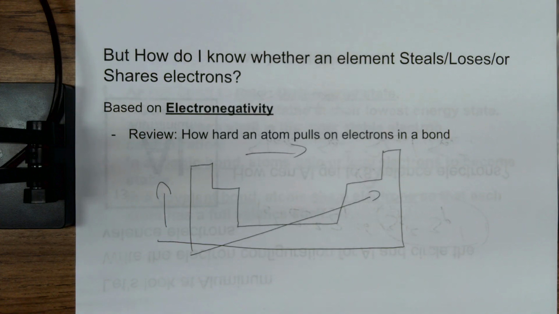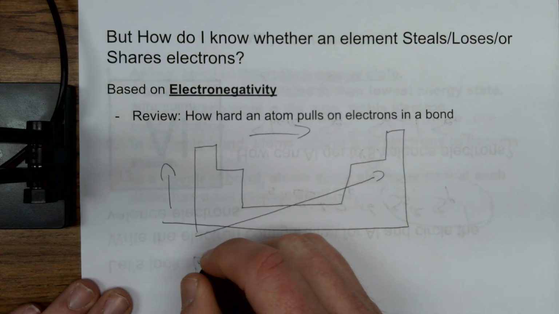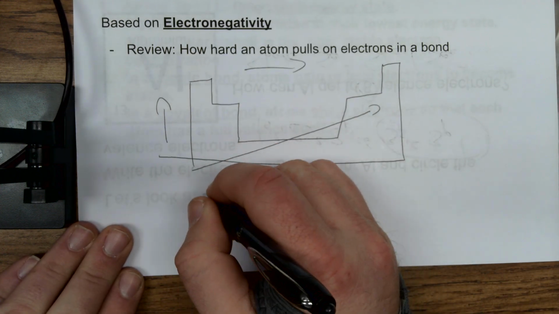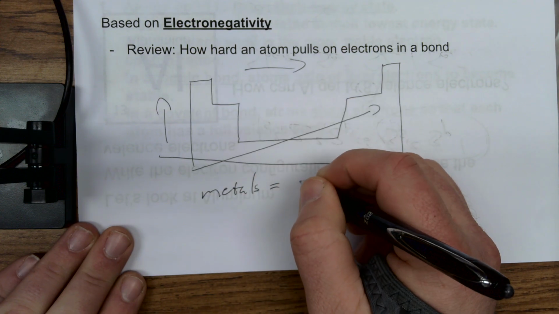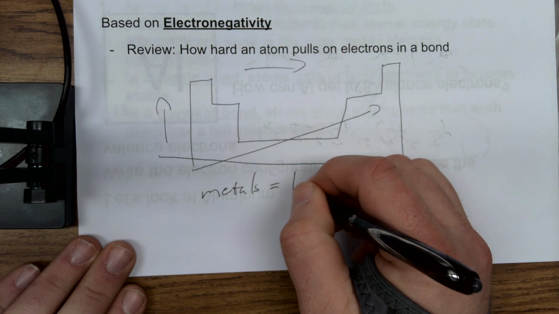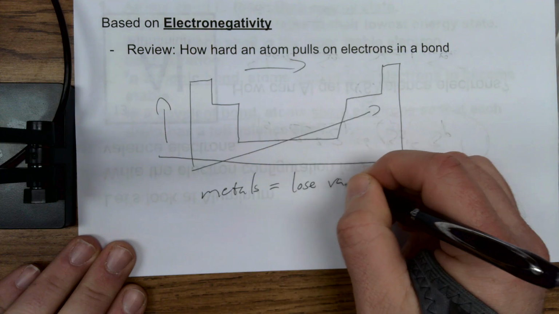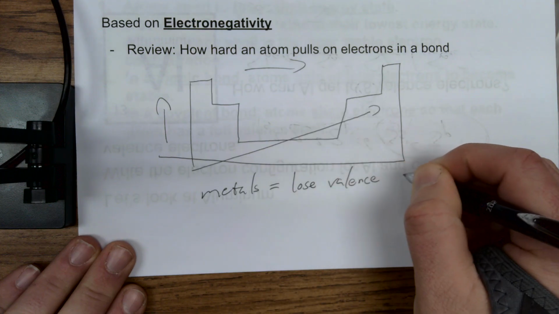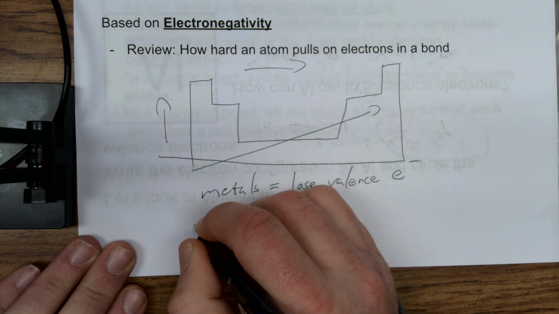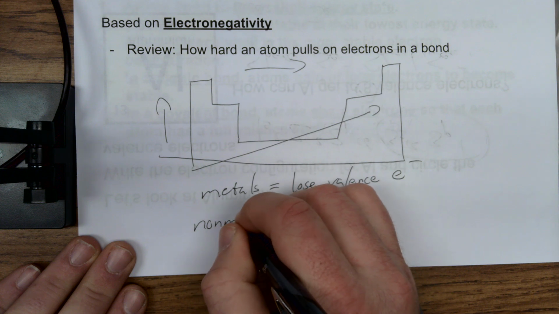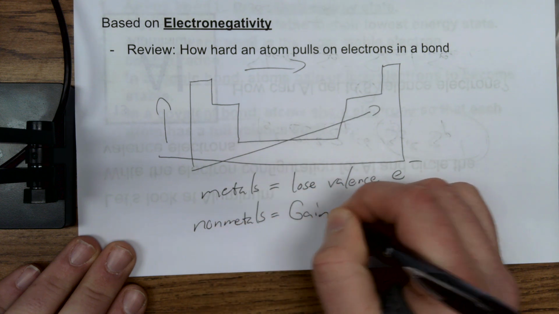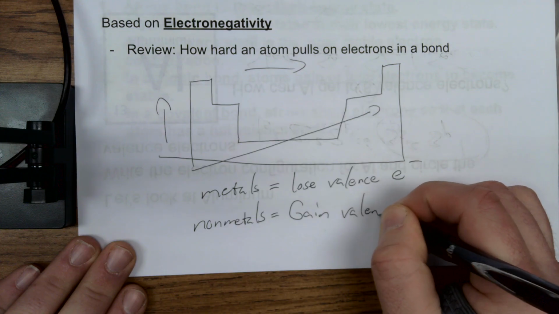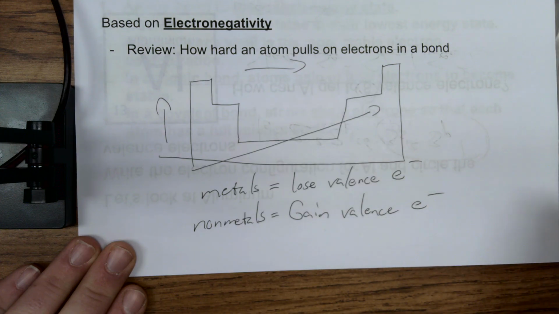That's going to lead us to a very easy trend that we can follow, where let me slide this up. My metals are always going to lose the valence electrons, and my nonmetals are going to gain valence electrons.